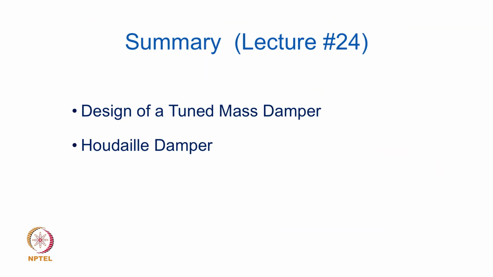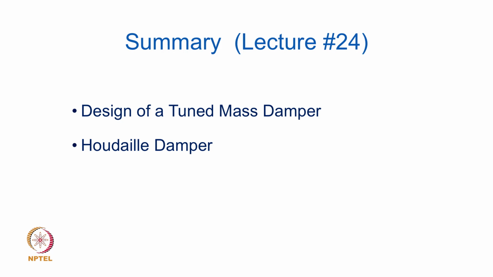Okay, to summarize this lecture, we explored through a detailed discussion how the major lacuna of an undamped vibration absorber can be addressed by suitably introducing a dashpot or a damping element in the absorber configuration.